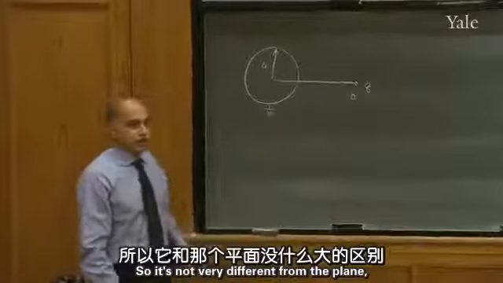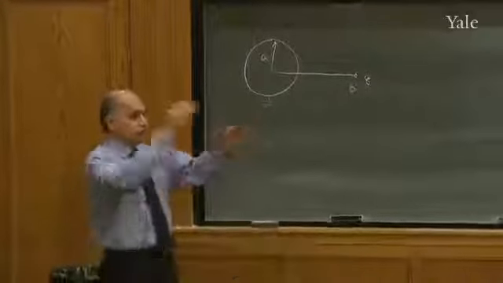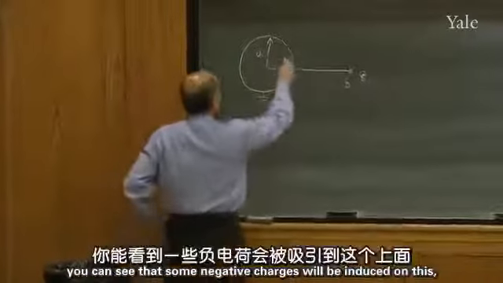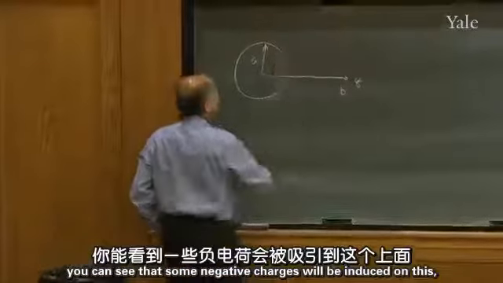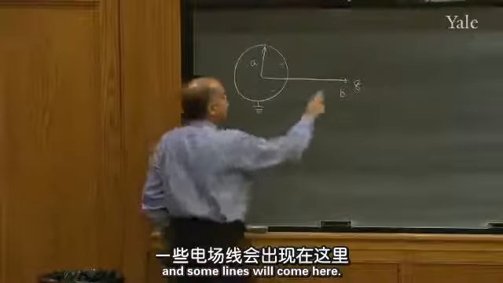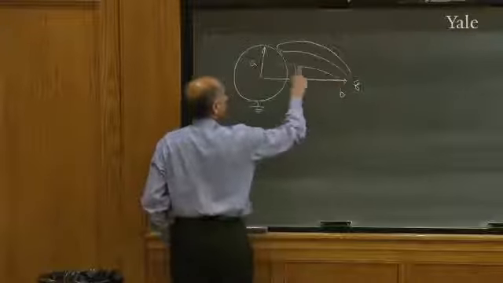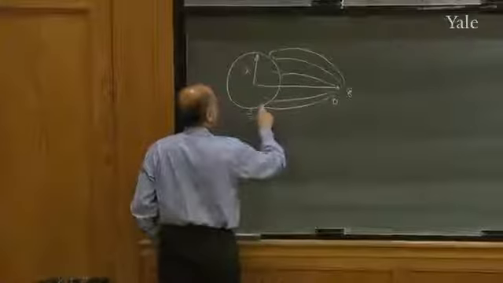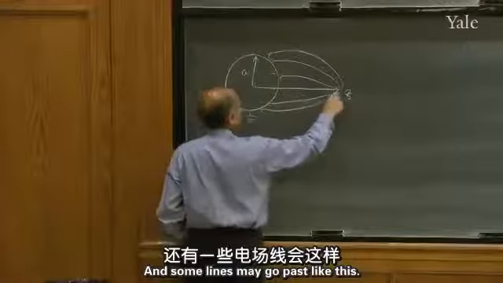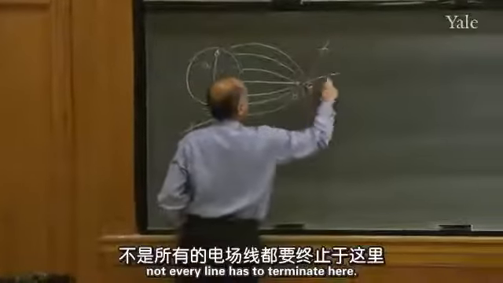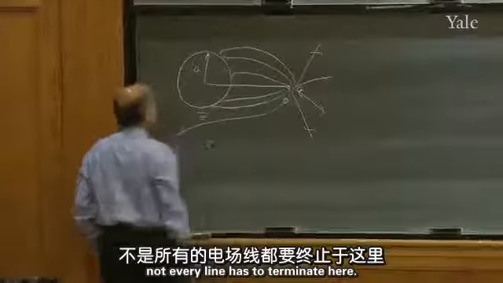So it's not very different from the plane, except you got a huge sphere now instead of an infinite plane. But it's finite. You come around from infinity. You can see that some negative charges will be induced on this. And some lines will come here. And some lines may go past, like that. Because it's a finite sphere, not every line has to terminate here.